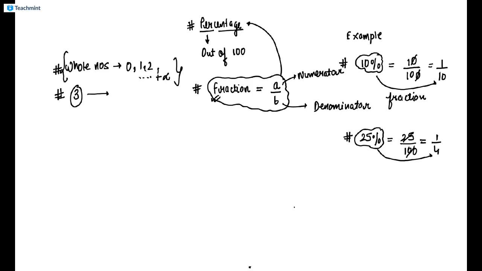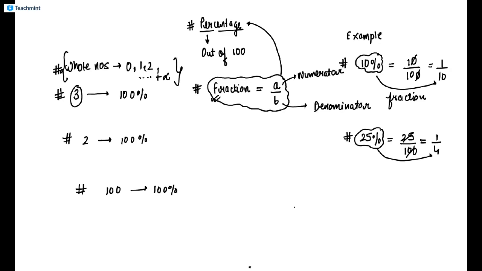Any whole quantity is written as 100 percentage, right? Like 2 is also 100 percentage. 100 is also 100 percentage. Any number is 100 percentage of itself. Keep this in mind, right?